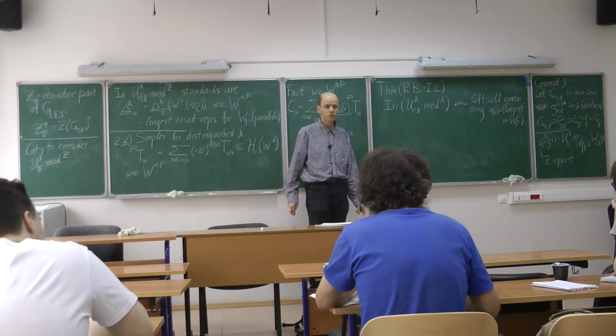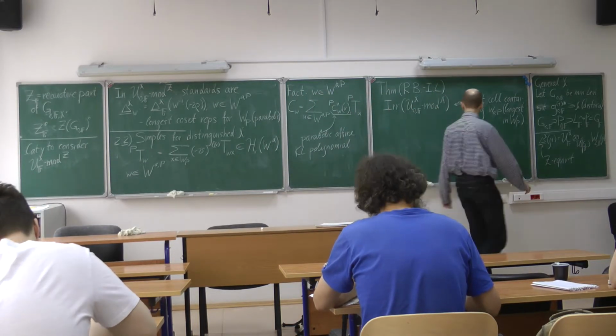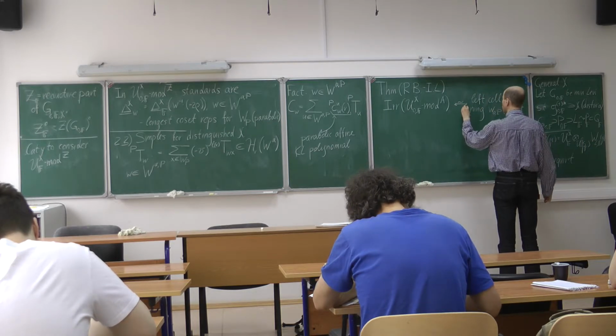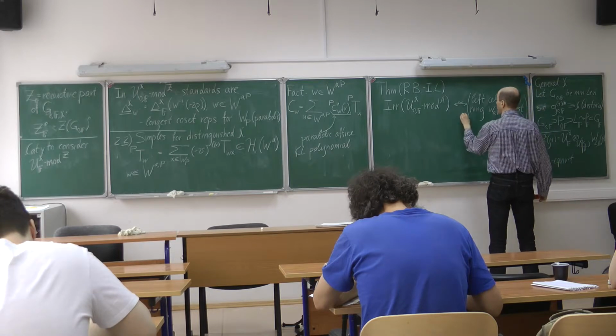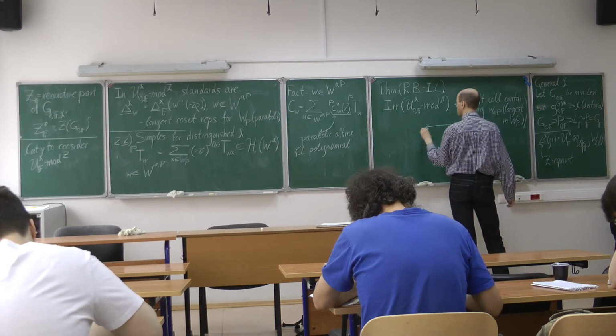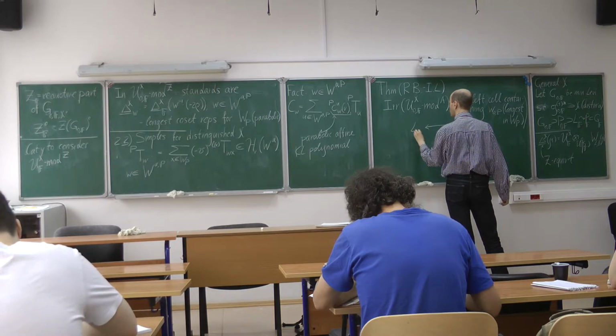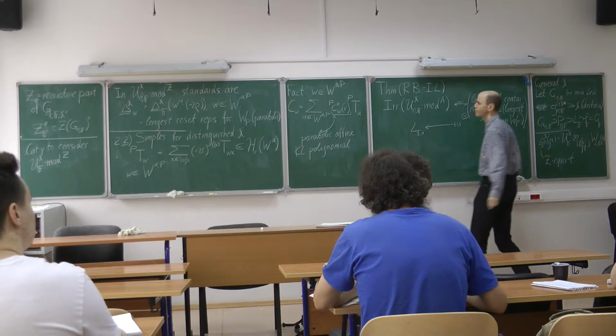Okay? So the simples are parameterized by this left cell, and my notation is going to be: if I take some element u in the left cell, I'm going to write L sub u for the corresponding simple.